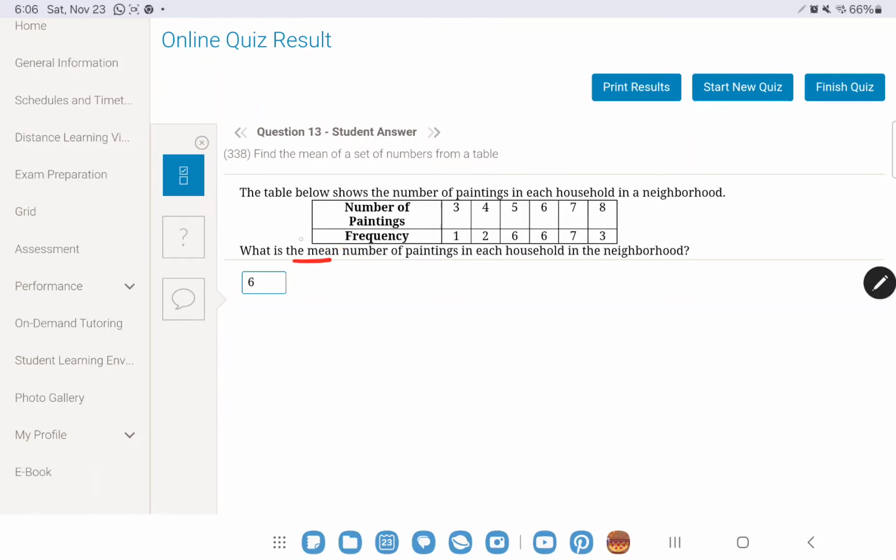Okay, mean, what does that mean? Mean means average. Mean equals average. So what that means is you're gonna take all your frequencies, multiply them with the number of paintings over the sum of all the frequencies, which is the cumulative frequency.